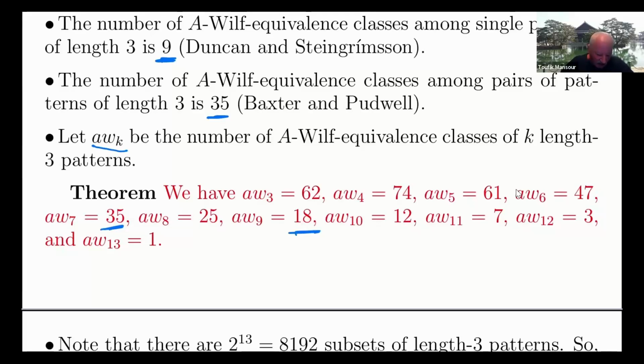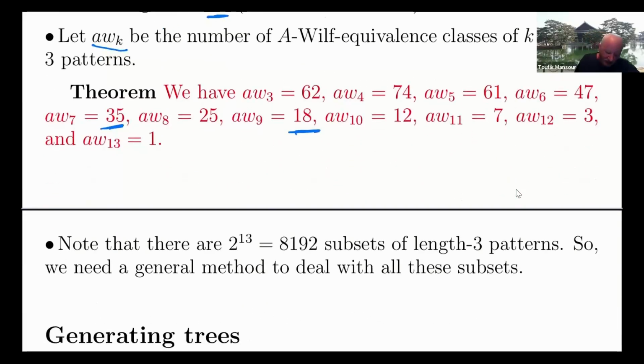So the question now is how one can prove such results, especially here where we're talking about 2 to the power 13. That means 8,192 subsets of length 3 patterns we have to consider.